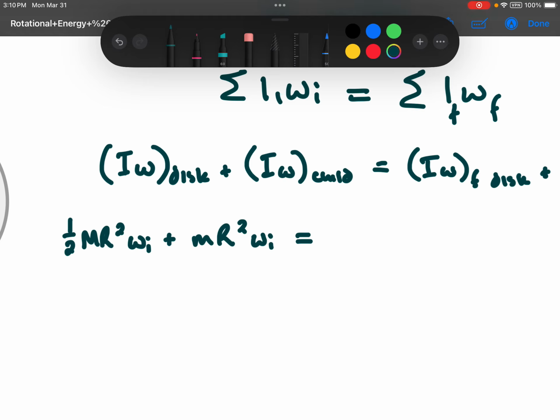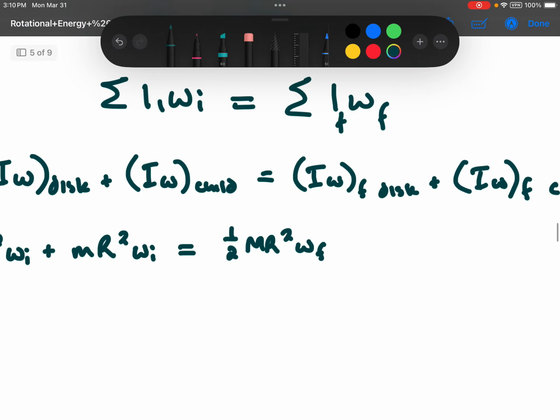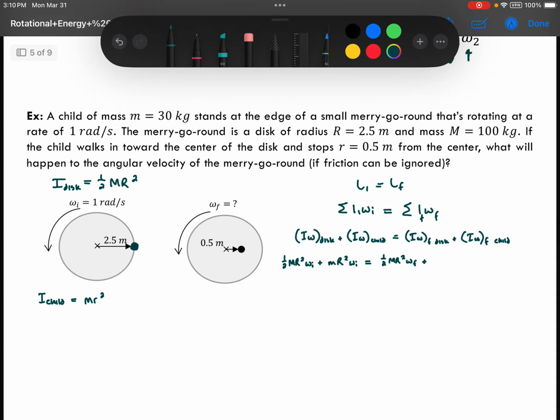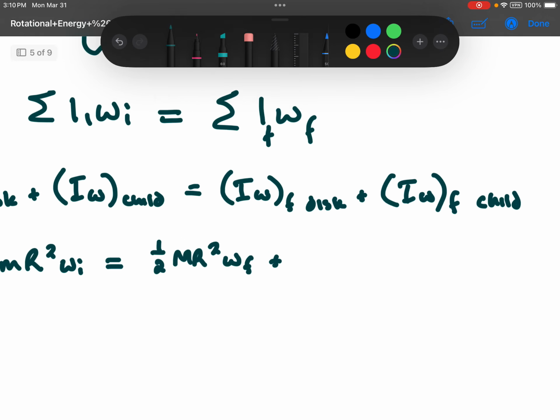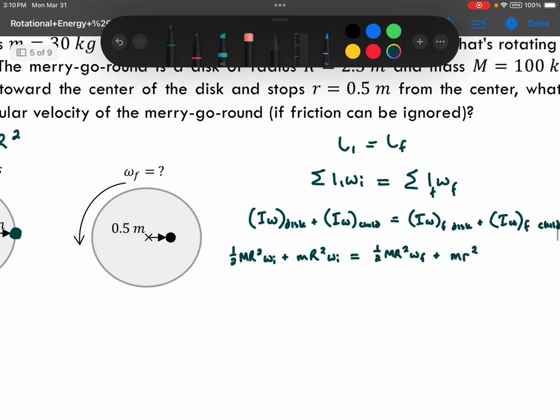After the child moves, we'll have 1/2 MR squared omega final for the merry-go-round, but notice the rotational inertia of the merry-go-round didn't change. It's the same shape and size as before the child moved. Then plus the moment of inertia of the child, little m, and let's call this little r squared, because now the child is not at the same radius as the size of the merry-go-round.